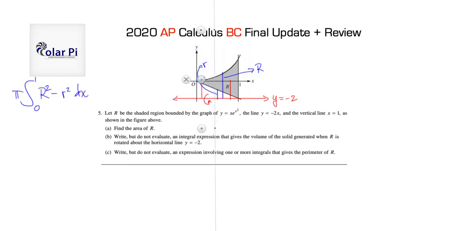But then notice that while this whole vertical distance from here to here is 2, I'll draw it in green, this little bit is a negative distance, and that's the function -2x. So whatever x this is, this vertical distance is going to be -2x.